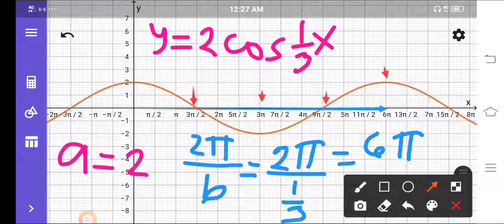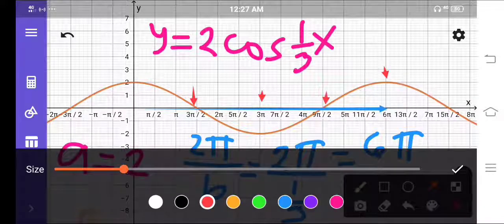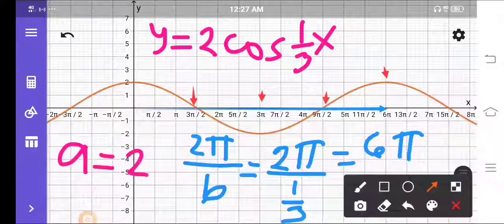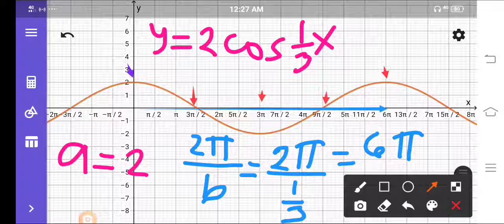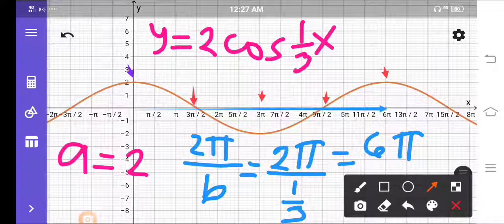So what are the key points? The key points are 0 and 2, 3 pi over 2 and 0, another is 3 pi and negative 2, then 9 pi over 2 and 0, then 6 pi and 2.